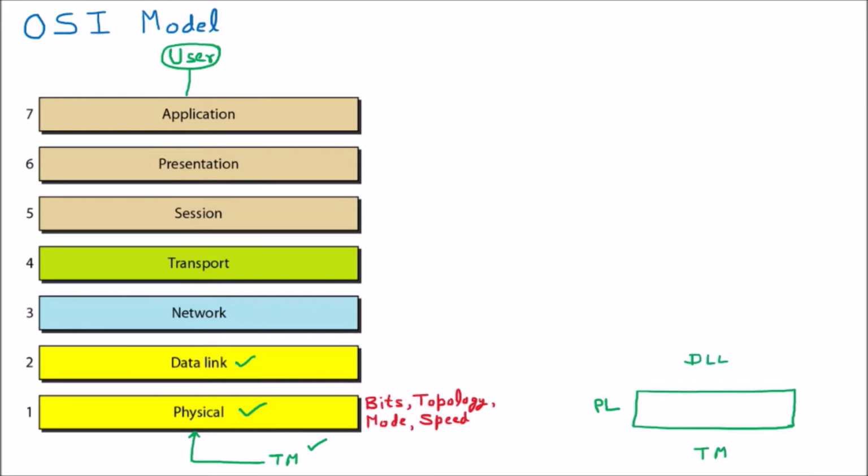From the transmission medium we are getting the complete data. And we know that this is the combination of data and the header, because the physical layer deals with the bits.